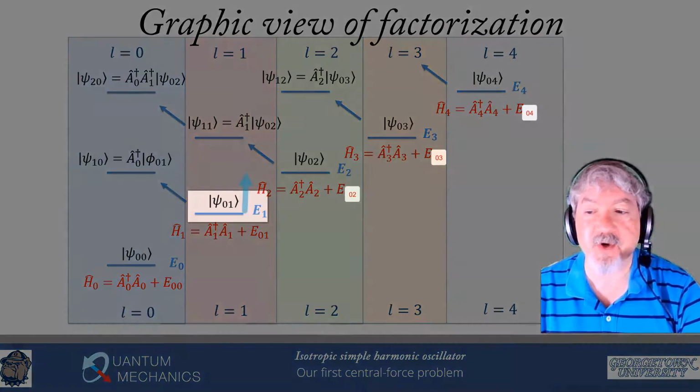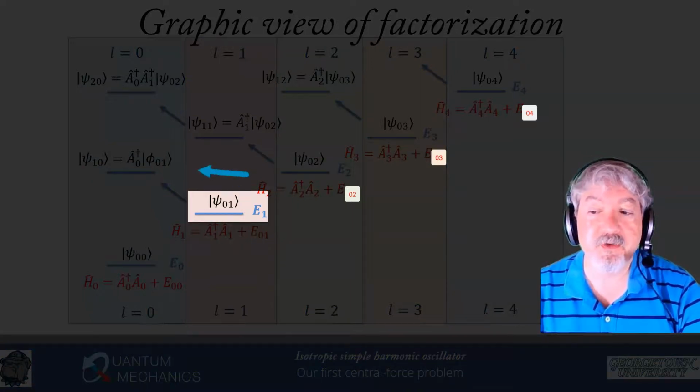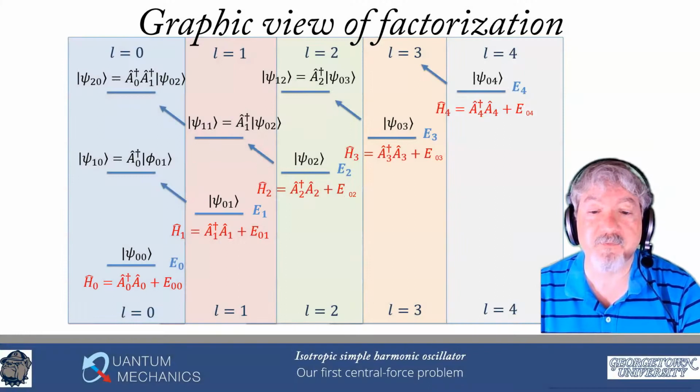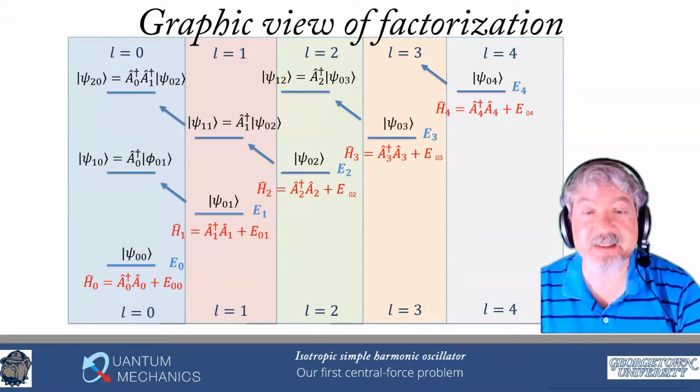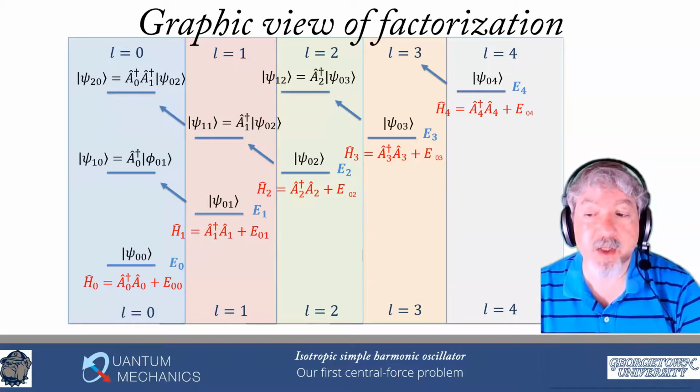If I add in an H bar omega and call that an auxiliary Hamiltonian, that would correspond, when I added an A dagger 0 onto it, to that horizontal shift in energy that you're used to. But then I would have to actually solve this auxiliary problem for each L, and that gets a little bit tedious. So instead, we're going to do it in this slightly different way, and you do have to remember that this is a slightly different way that we're doing this. But it then allows us to solve every problem all at once.